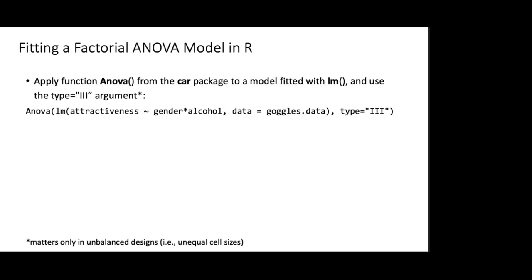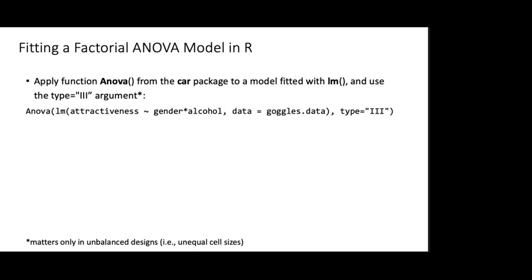If you don't know exactly what you're doing, you should always go for type 3, right? And you have to specify that because otherwise R will use a different default. R doesn't have type 3 as a default. Other software packages like SPSS have type 3 as default, so you don't need to worry about that there. But for R, you have to.